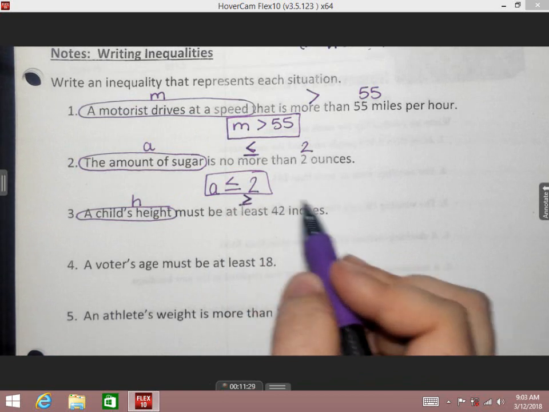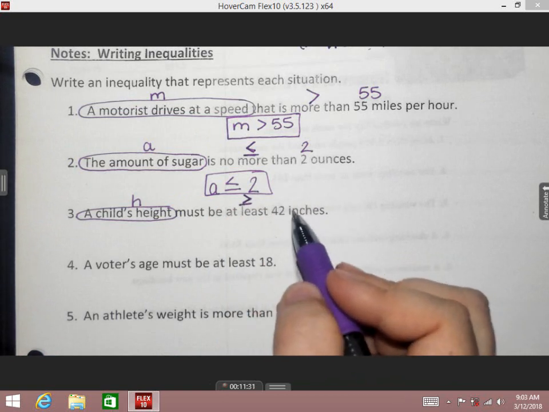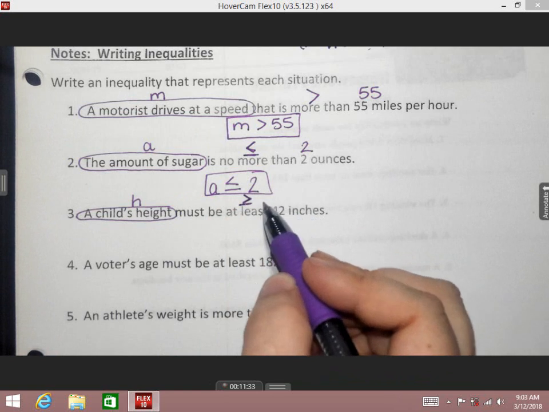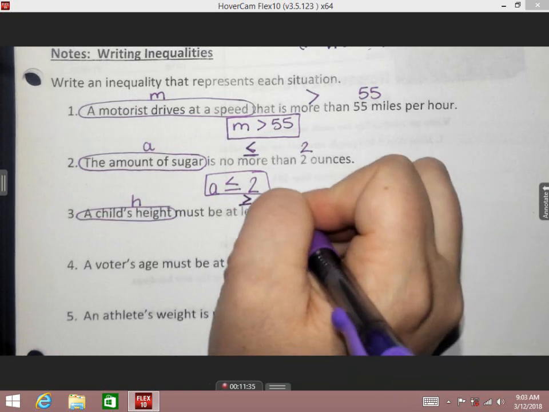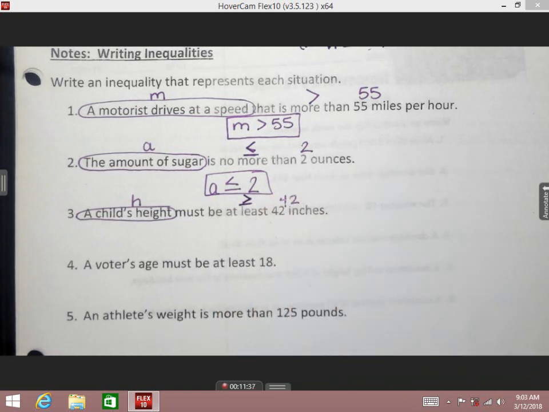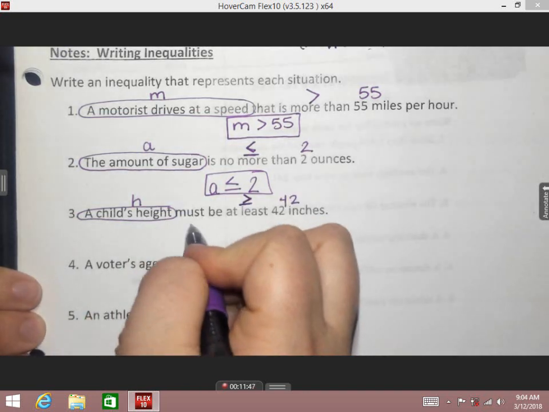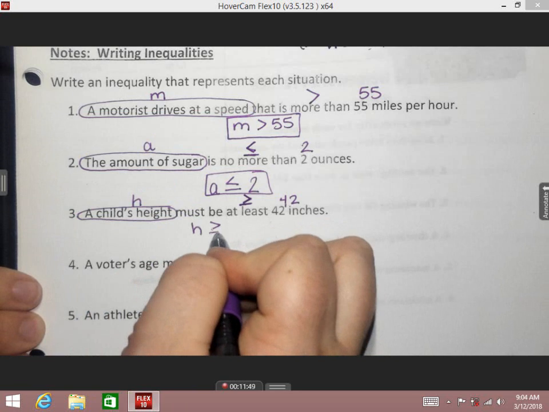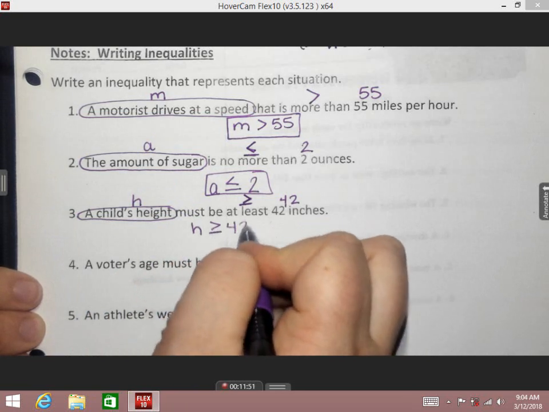If that's the smallest number, everything else has got to be greater than, or it can be equal to that 42. All right. Guys, we're kind of going through these, working these out together. I'm telling you my reasoning through it, but this is just going to take a lot of practice on our part independently. So when I rewrite this, it says H is greater than or equal to 42.